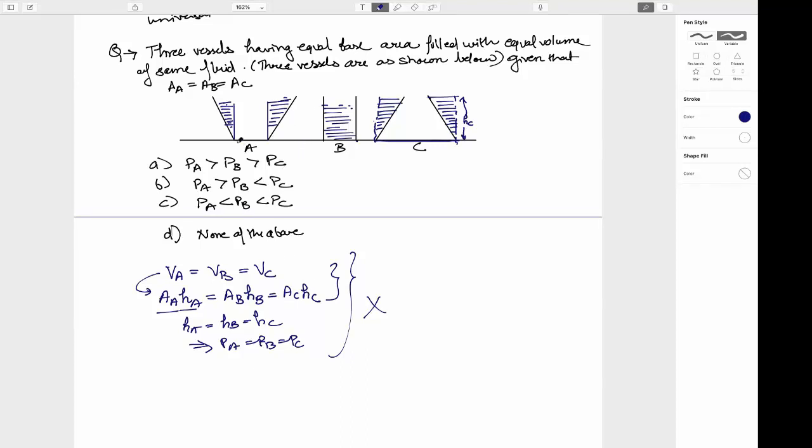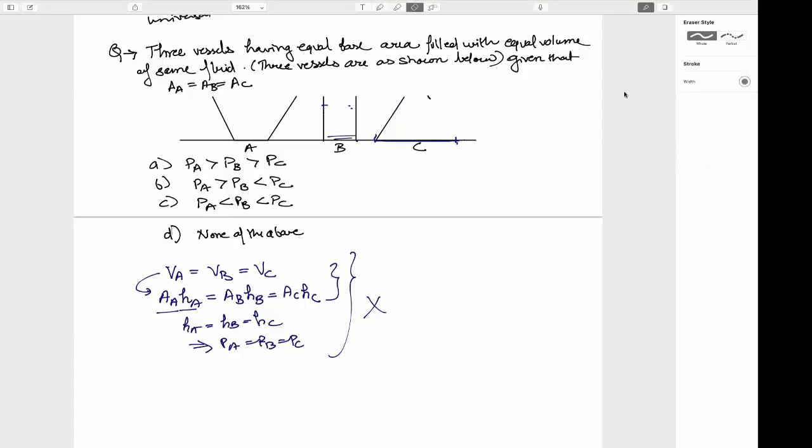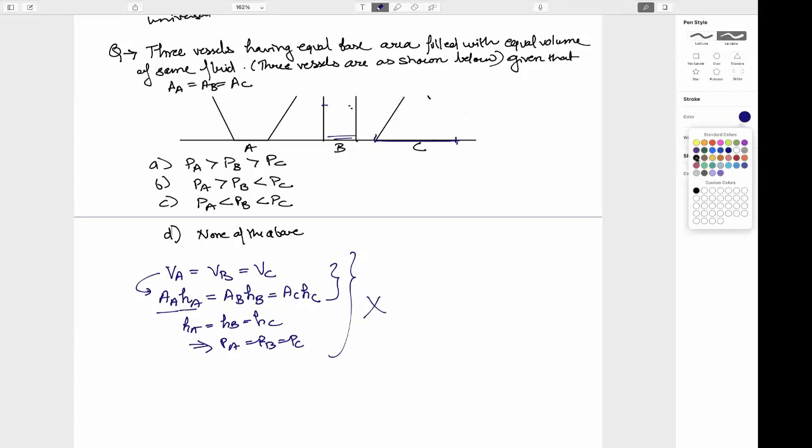We can do this question just by simply thinking about it. So let's think about it. I will be removing that part and making this the original one, because you know the base area is the same. So as we go in this direction, perpendicular to this, the area is increasing.